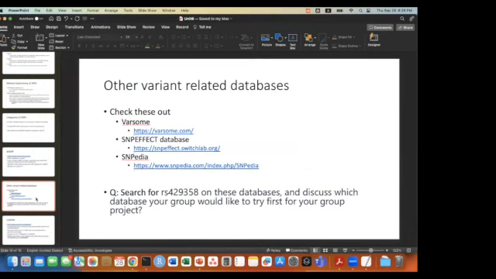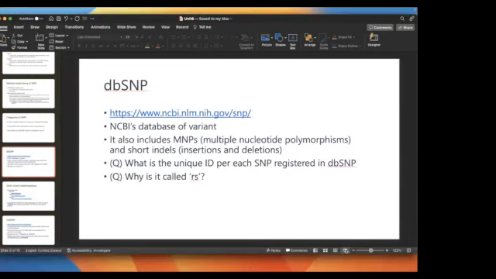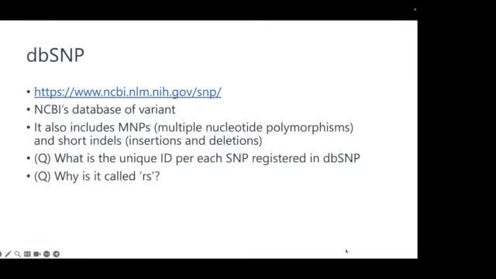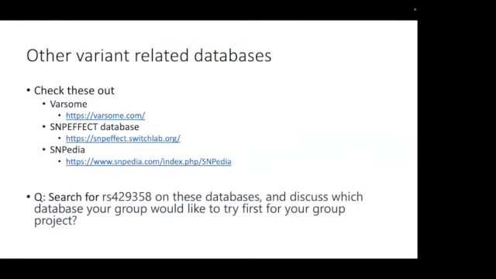Right? So I think I fully introduced dbSNP, which is a very important database. Again, the RSID, RS stands for reference SNP. But for SNP-related databases, is there only dbSNP, or are there any other databases relevant to SNPs? Here you are: Varsome, SNP Effect, SNPedia.